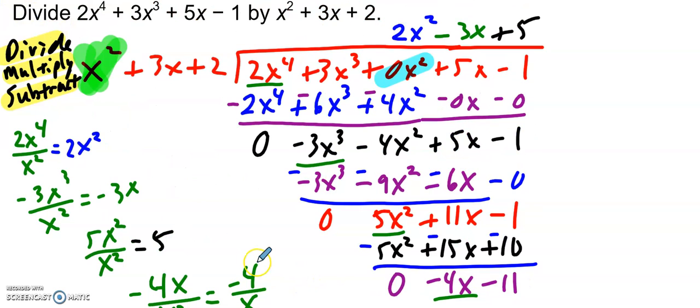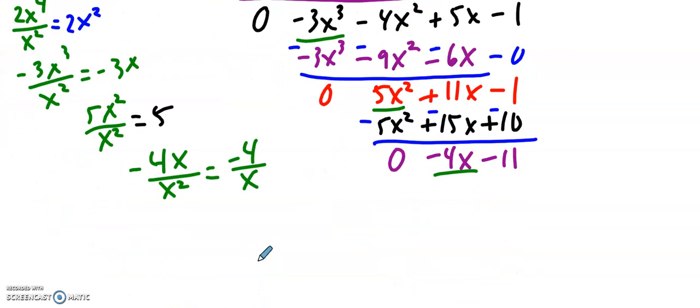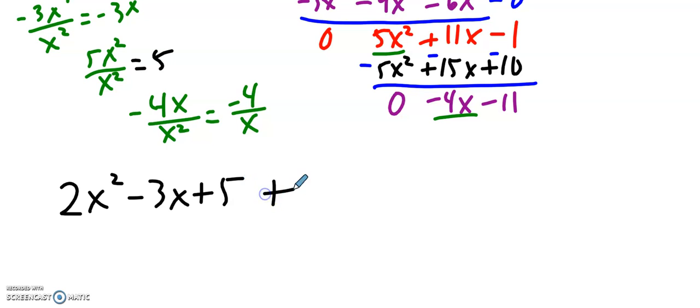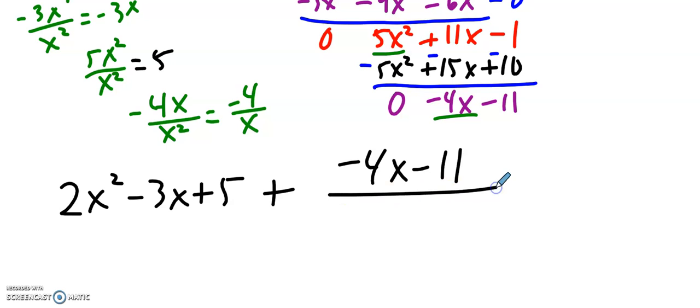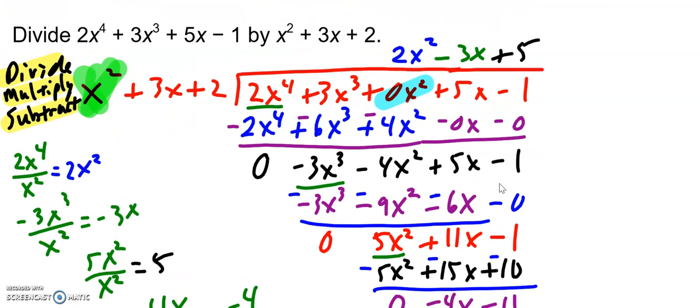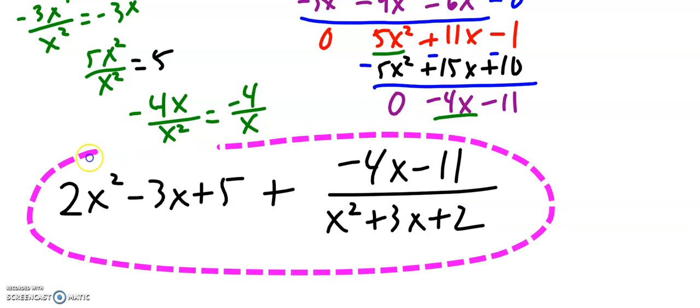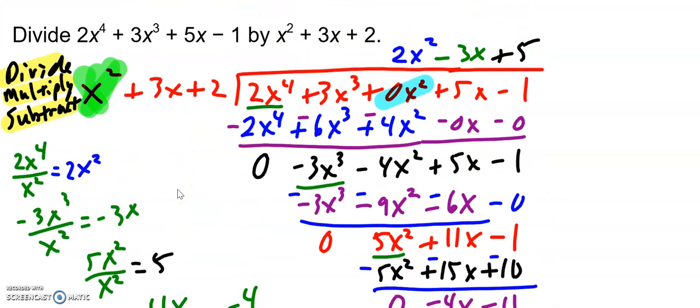So I'm going to write my quotient, 2x squared minus 3x plus 5, plus the remainder, negative 4x minus 11, divided by our divisor, x squared plus 3x plus 2. So that's our answer. That's polynomial long division.